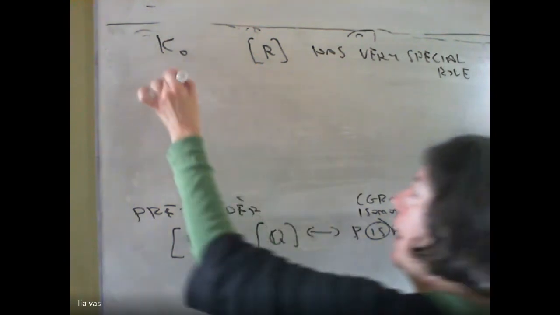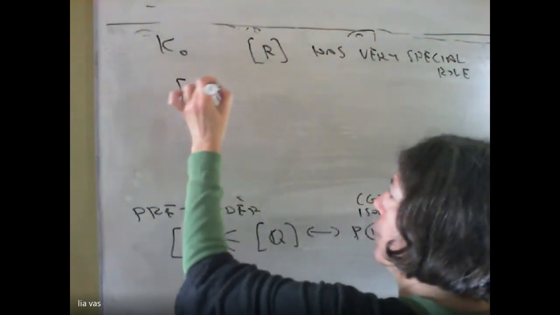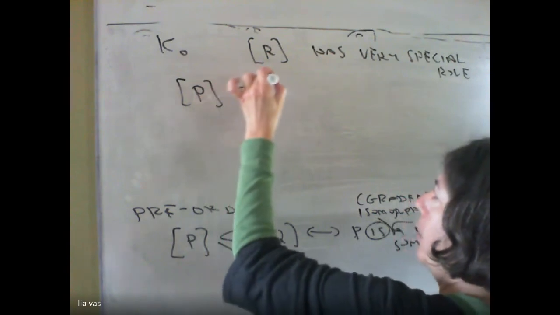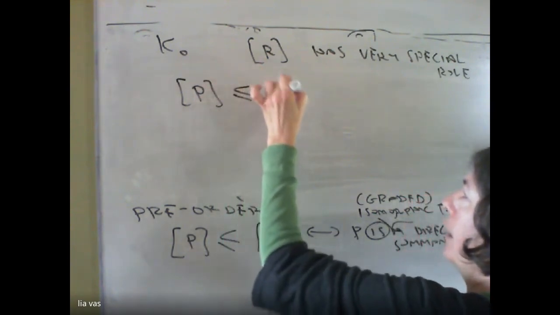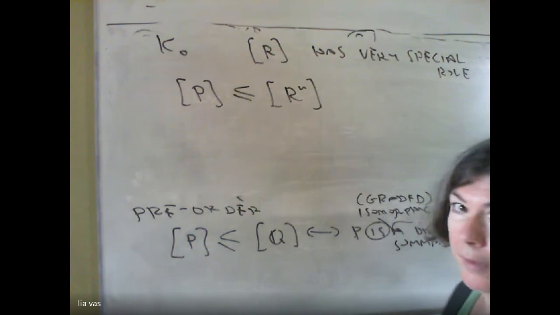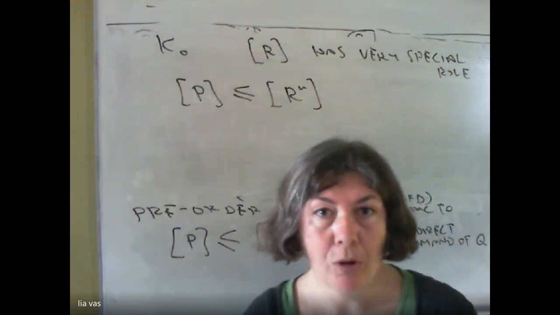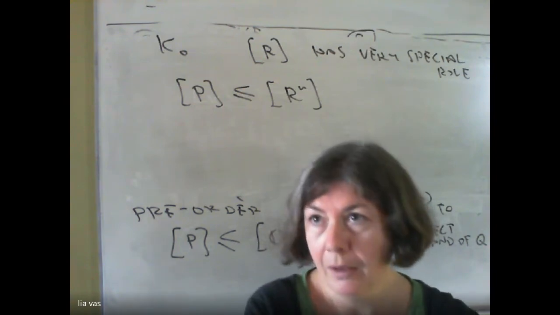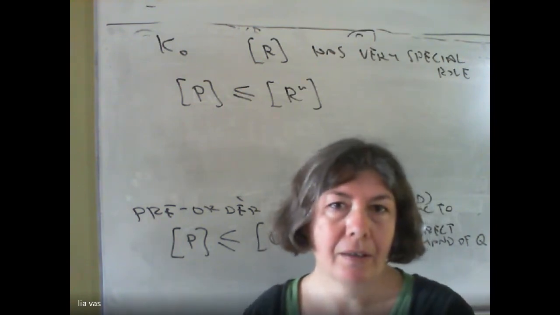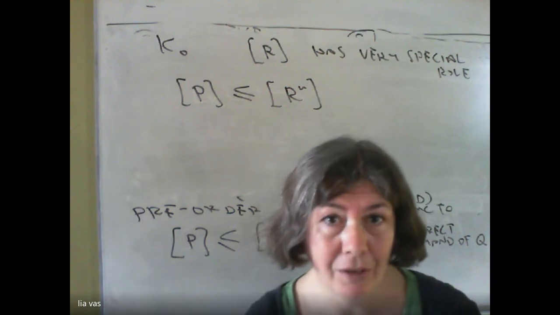Because pretty much every finitely generated projective is a direct summand of some finitely generated free, right? That's pretty much how we defined projective modules, right? So if it is finitely generated, then you can find that free to be also finitely generated.